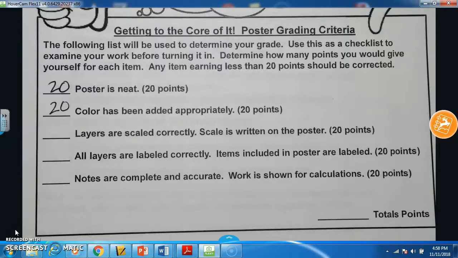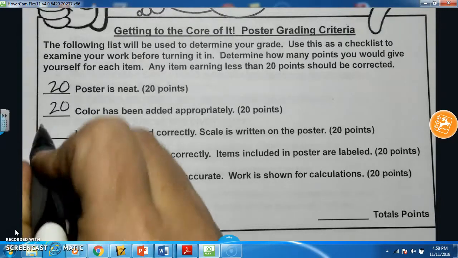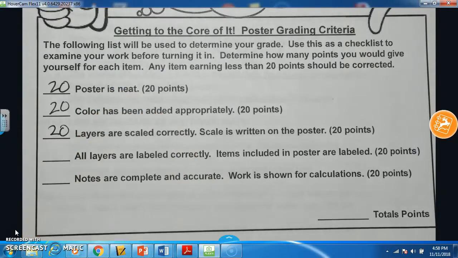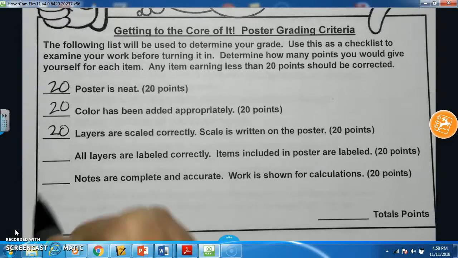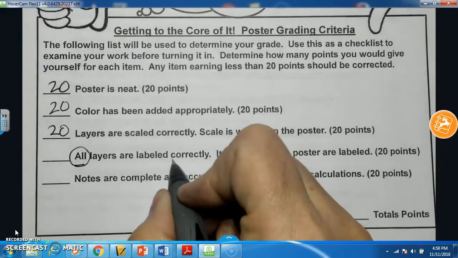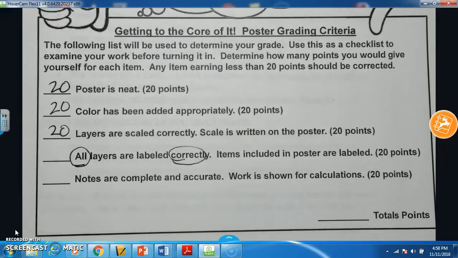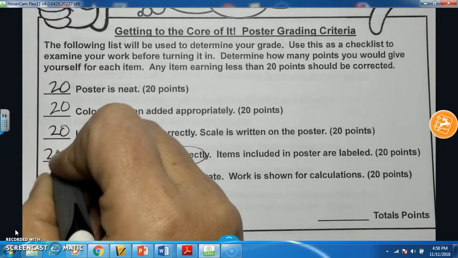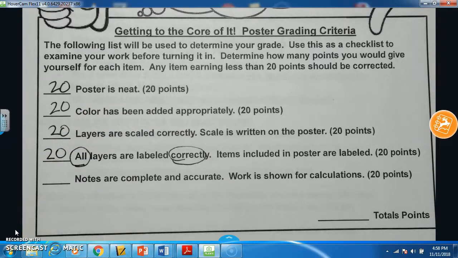And is it written in the proper place on your poster? Are all of the layers labeled, and are they labeled correctly? Items included in the poster are all labeled, so a lot of detail on that one. Your notes are complete and accurate, and the work is shown for calculations.